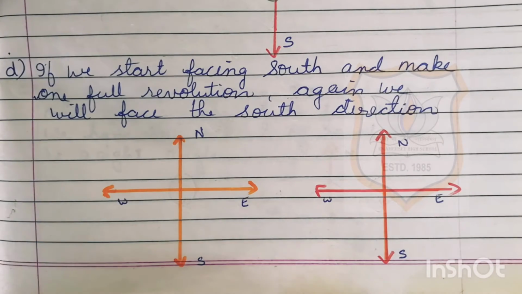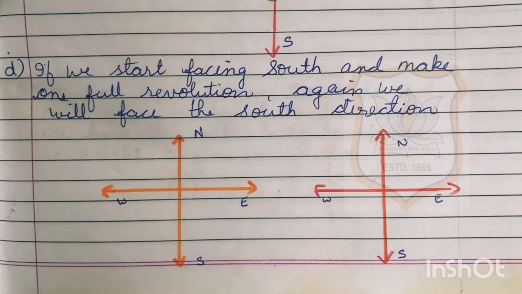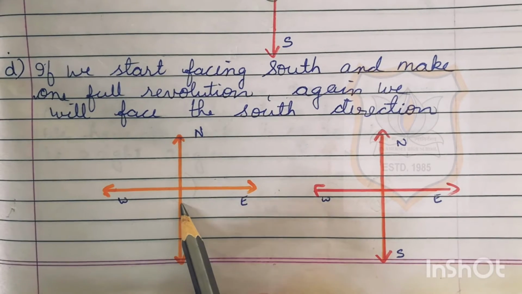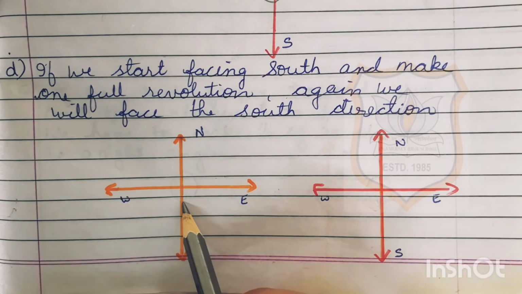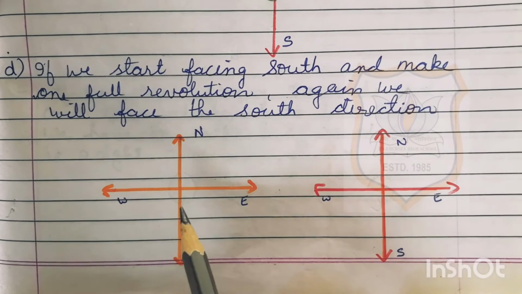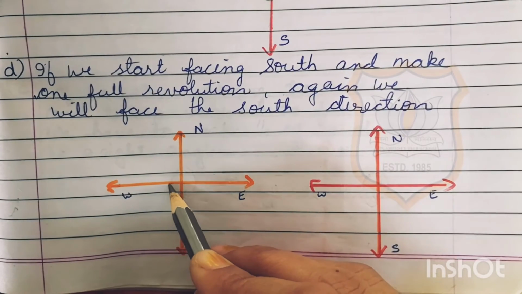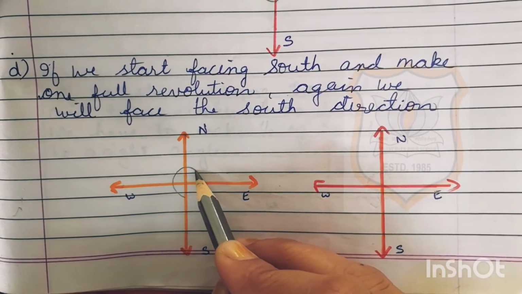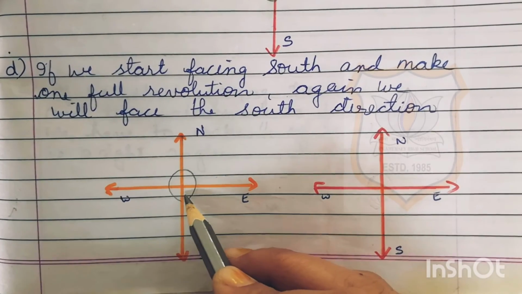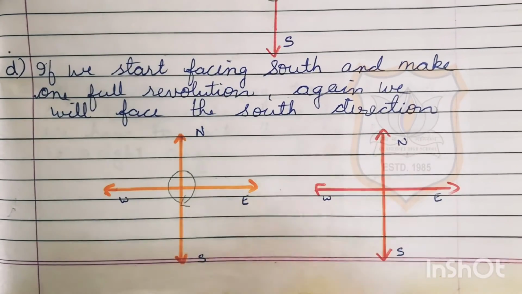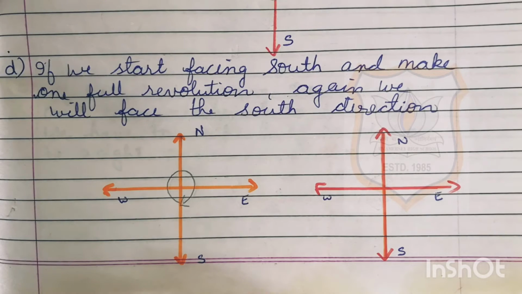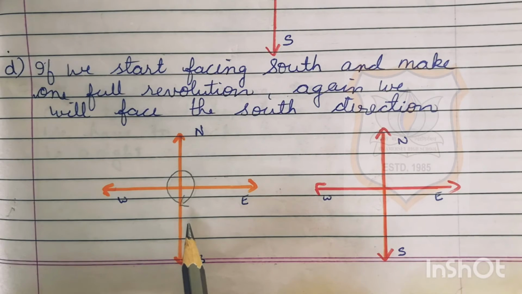Now solution for D part of question number 3. If we start facing towards south and make a clockwise revolution, turning 1 full revolution from south to west, west to north, north to east, and east to south. If we start facing south and make 1 full revolution clockwise, then we will be again at south direction.